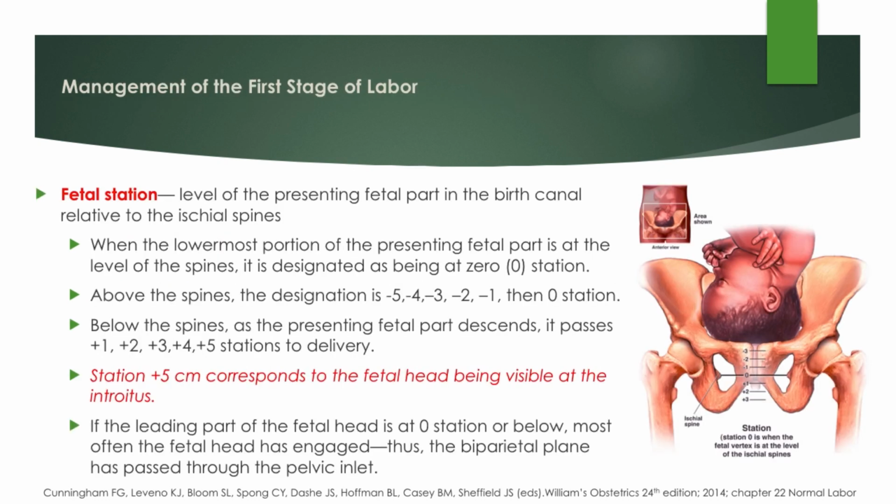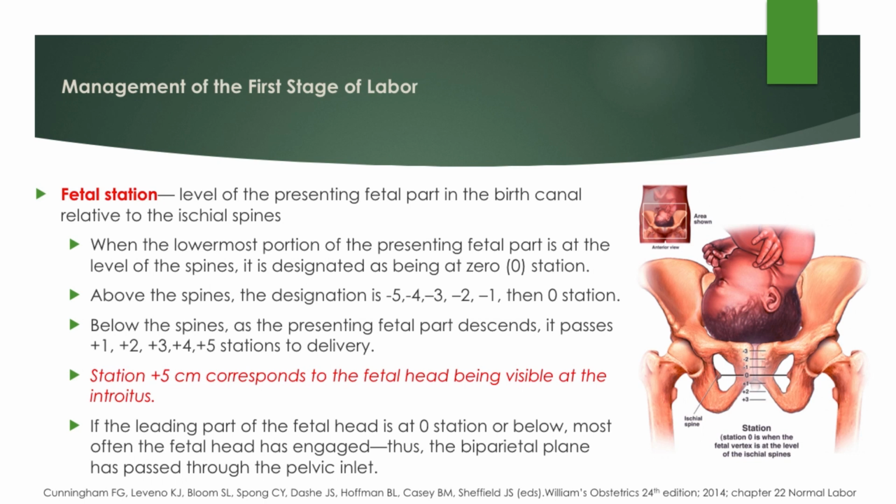So if you can see here in the picture, no? So the level of the presenting fetal part in the birth canal relative to the ischial spines is what we call the fetal station. So the ischial spines here will correspond to station 0. So if the presenting fetal part reaches the level of the ischial spines, automatically we call that station 0.